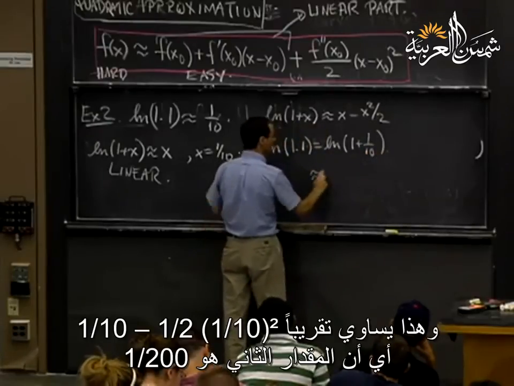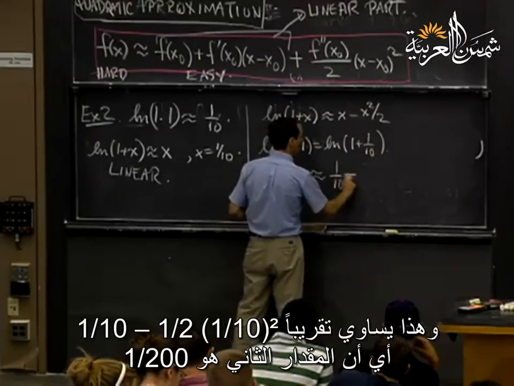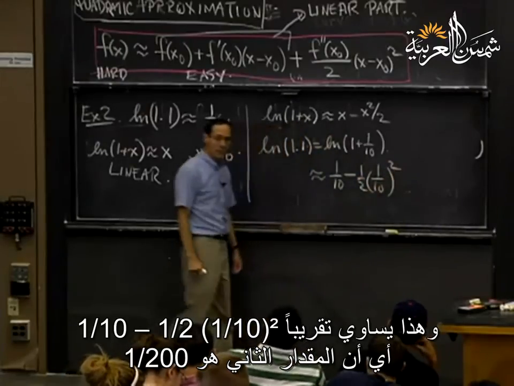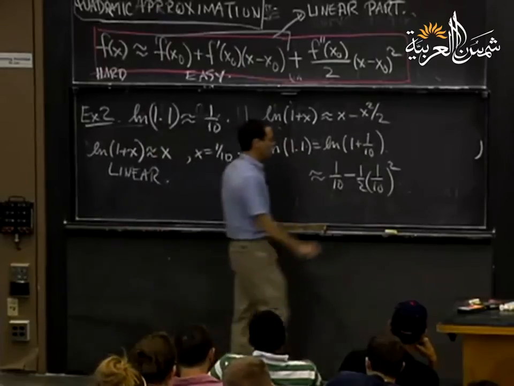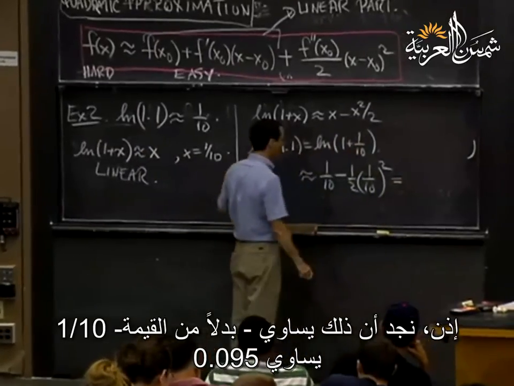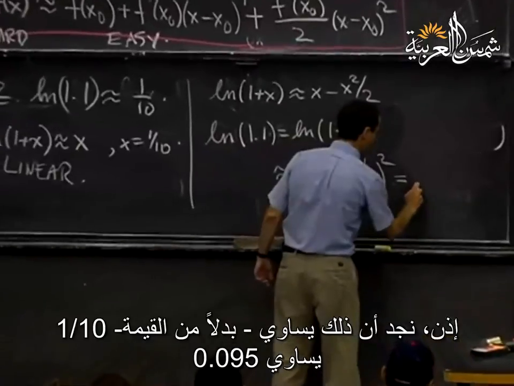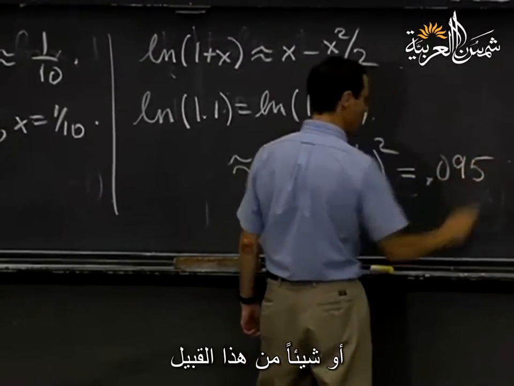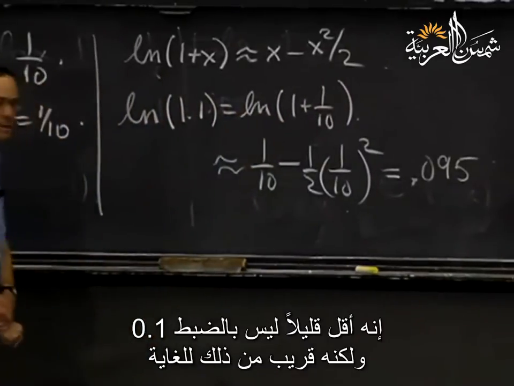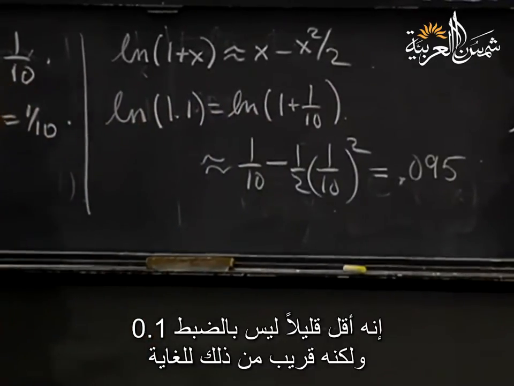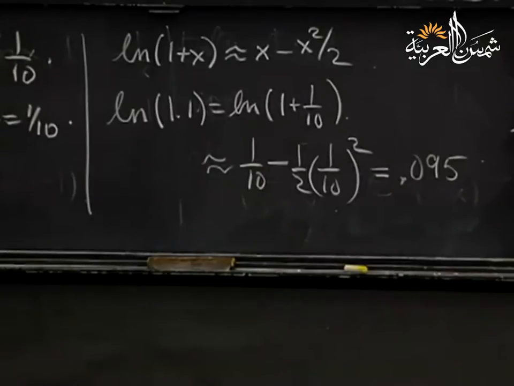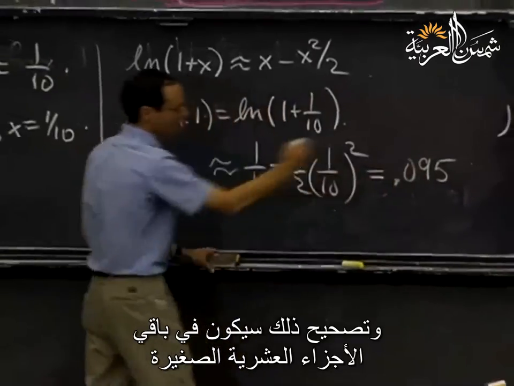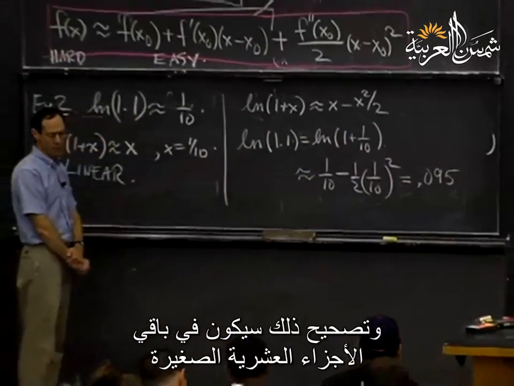So that's approximately a tenth minus a half 1/10 squared, right? So 1/200th. So that turns out, instead of being a tenth, that's 0.095 or something like that. It's a little bit less, all right? It's not 0.1, but it's pretty close. Okay? So if you like, the correction is lower in the decimal expansion.